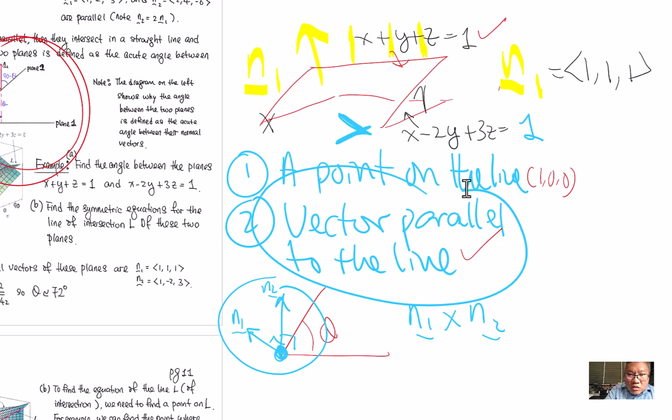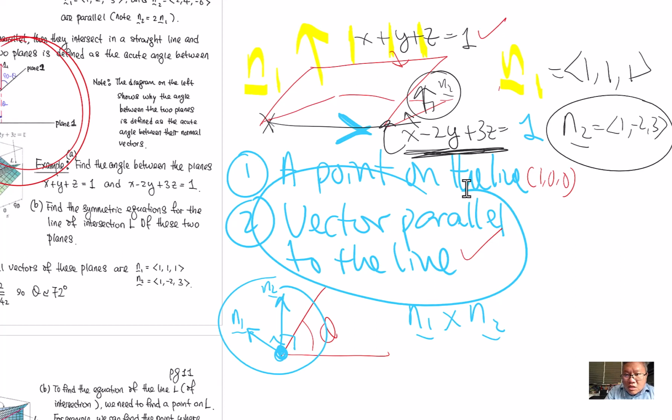And then for the second normal vector, look at the coefficients of the plane equation that describes that particular plane. Look at the coefficients again. Let's call this n2. n2 here is going to be (1, -2, 3). This is a vector that's normal to your second plane, which is the horizontal one in this picture.